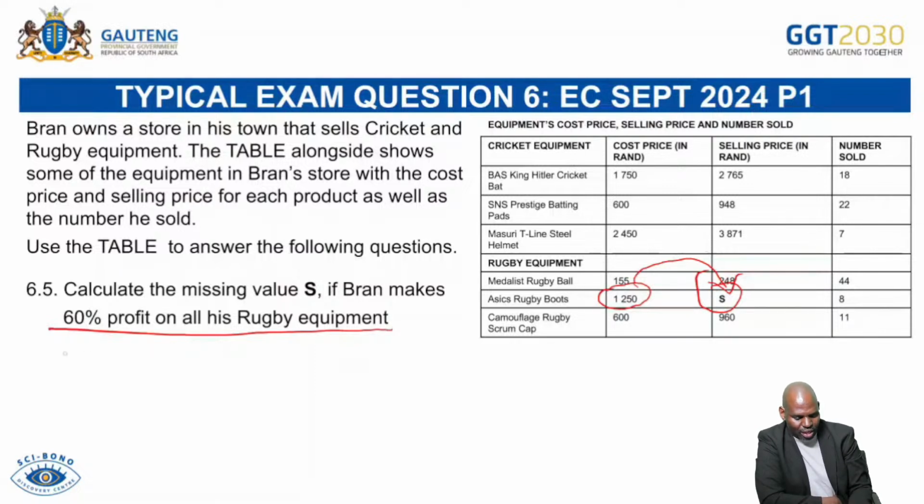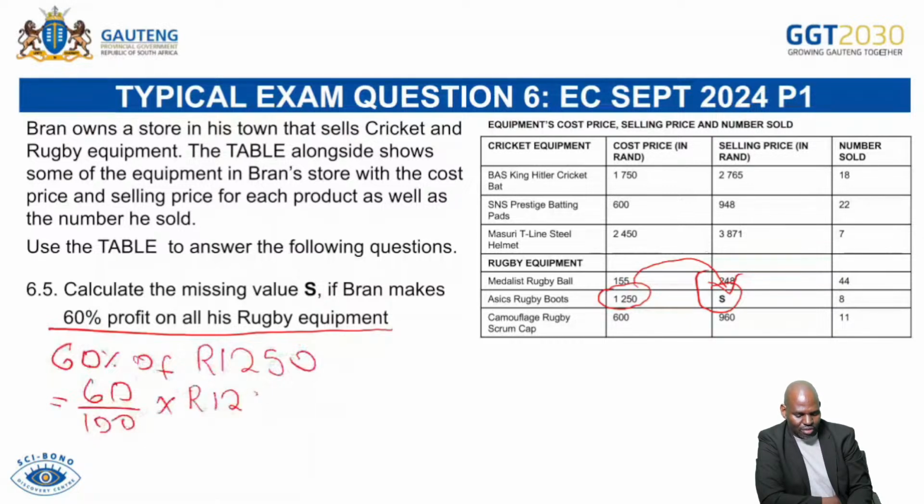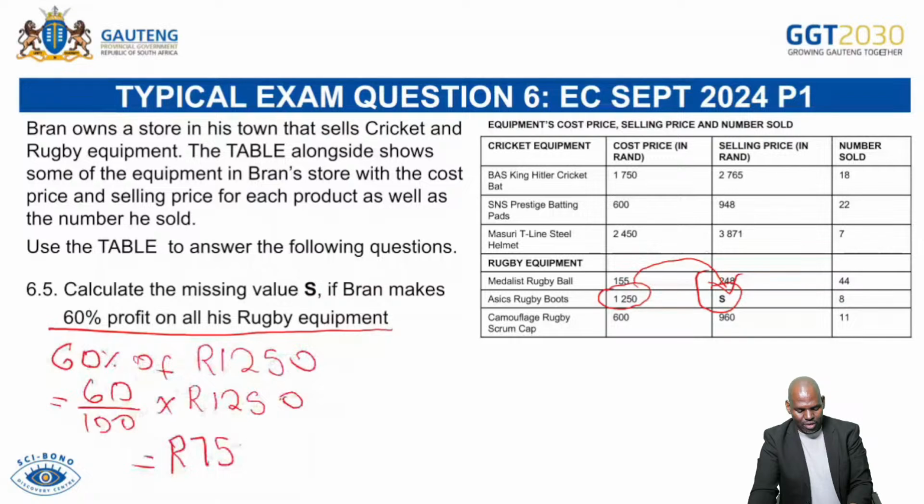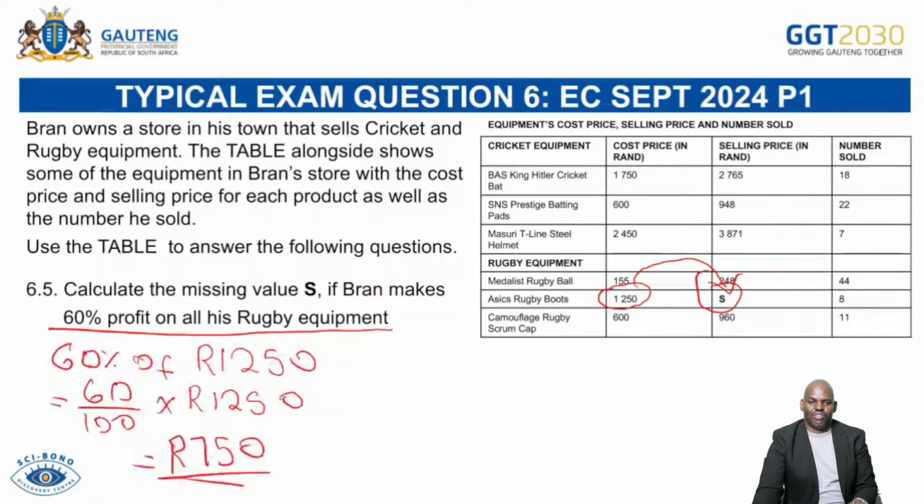So we can calculate 60% of 1,250. 60% of 1,250 is 60 over 100 multiplied by 1,250. And if you take your calculator, 60 over 100 multiplied by 1,250, then I get 750. Okay, 750 is a profit.